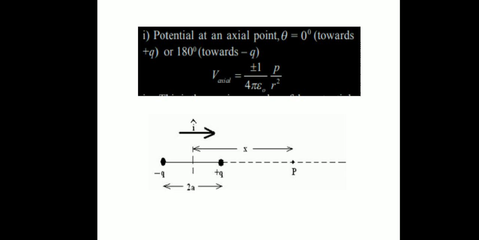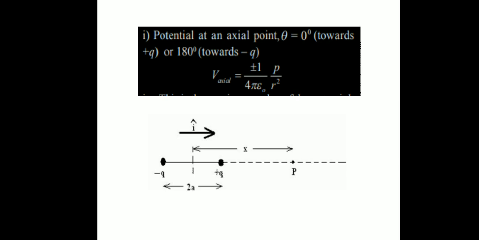Now, as point P is present along the axis of the dipole, the angle made by the line OP with the axis of the dipole is 0. So theta is 0, as our point P is present on the RHS side of the charge plus q.